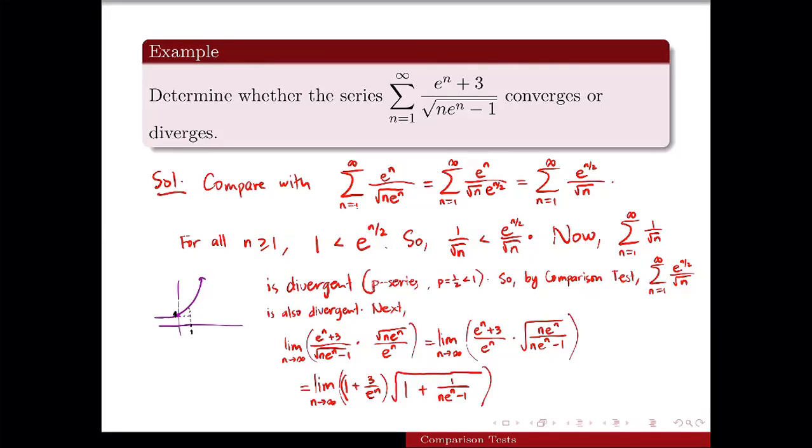Sir, why would it be 1 over n e to the n minus 1? If you try to combine this into a single fraction, you will end up with this. From here, what you can do is subtract 1 and then add 1, and then you use this part here, you separate. That's your 1, and you will still have this 1 over n e to the n minus 1.